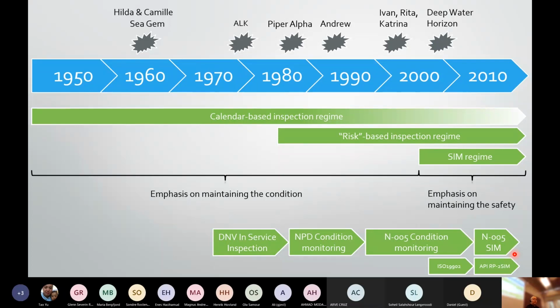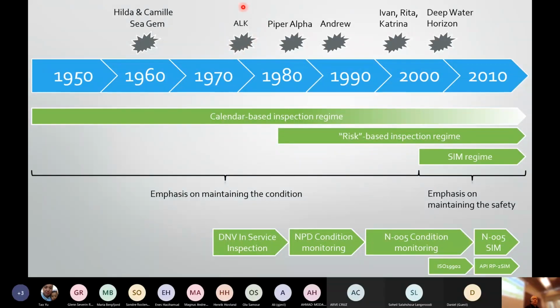And then I kind of indicated the big accidents through the history that really have influenced the structural requirements. So this is the early hurricane damage in the 60s with Hilda, Camille, and in the UK there was a Sea Gem accident that also influenced us quite a lot in Norway.